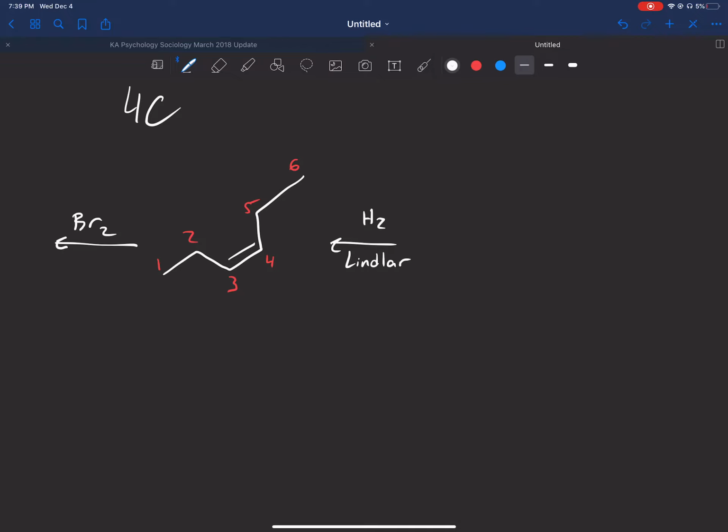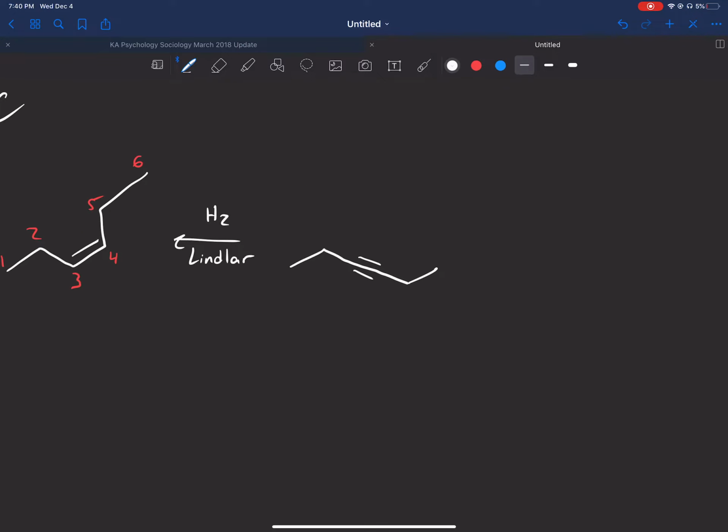And our triple bond is going to be from carbon 3 to 4 now. So let's draw this. And count our carbons to make sure that we got everything right. 1, 2, 3, 4, 5, 6. All right, that's good. So now we have this triple bond.